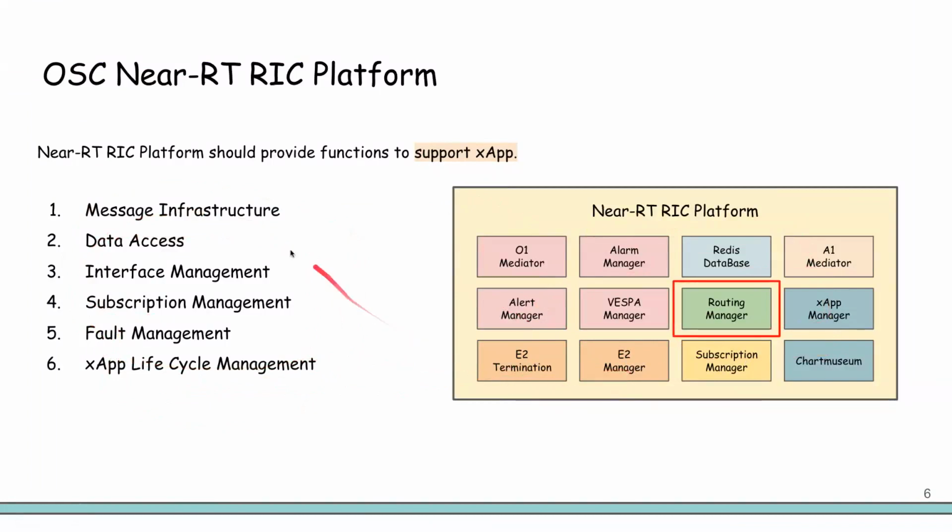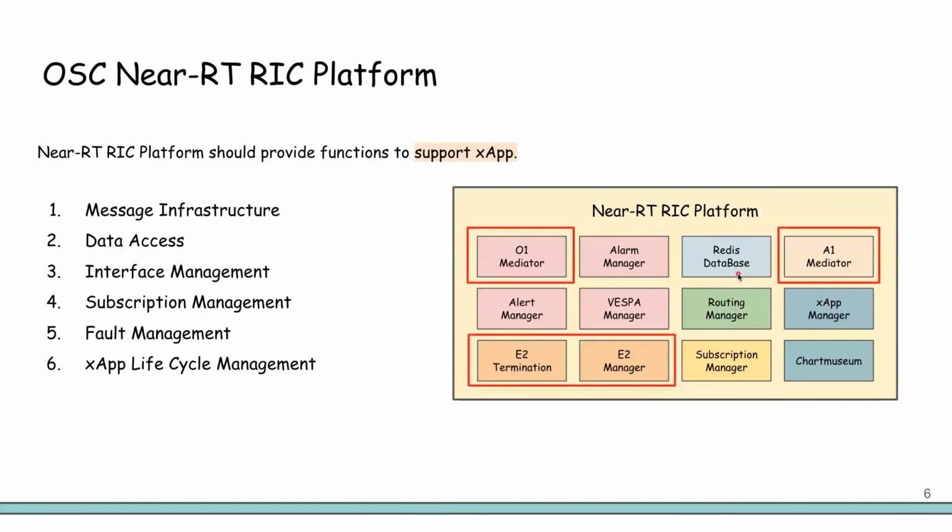The first one is very important: message infrastructure, which we can map to the routing manager. The second is data access, where you store and access the database. Then there are three interfaces connected to the Near-RT RIC platform, so we need some components to handle these interface connections.